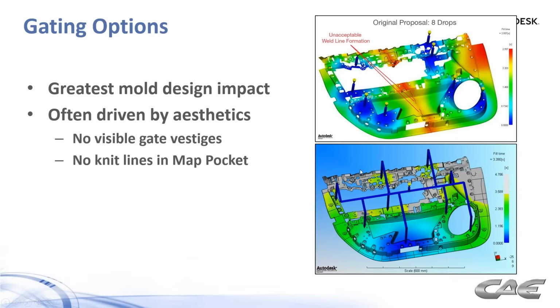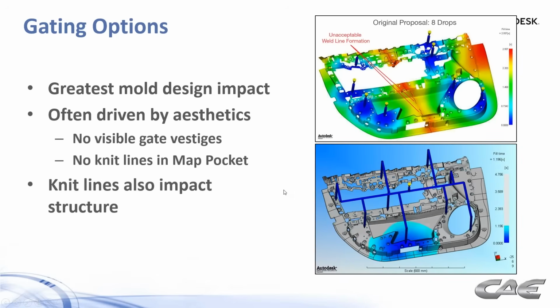So this is the final solution we came up with on this one. This ended up being a 9-drop scenario, and we valve gate sequenced to let the flow get through the map pocket, and then gradually boosted the flow in sequences there.